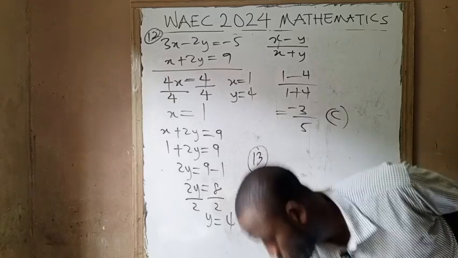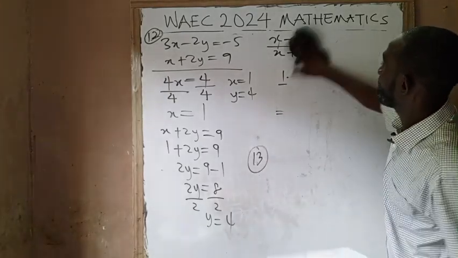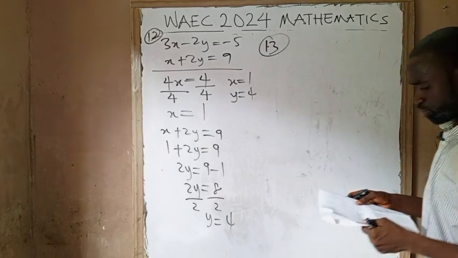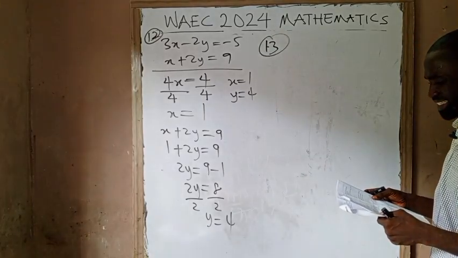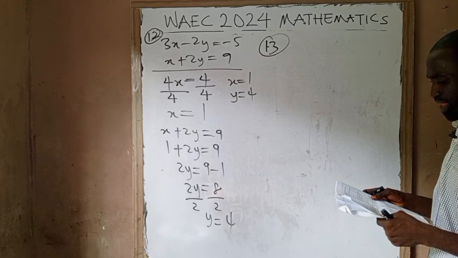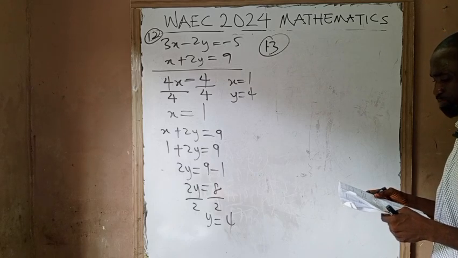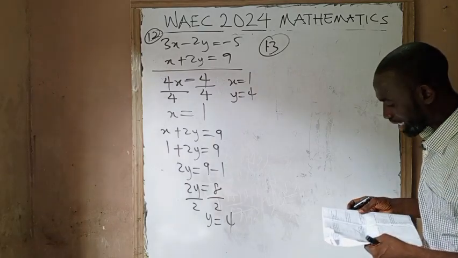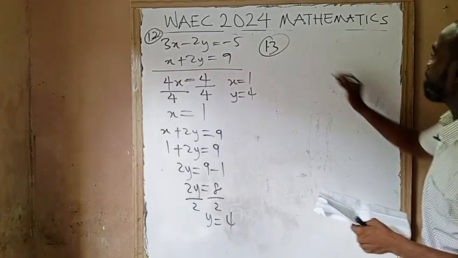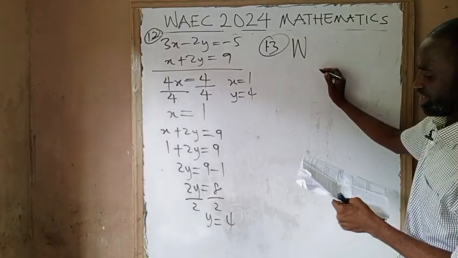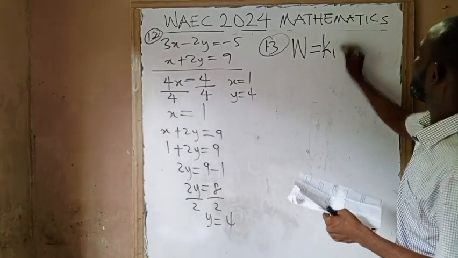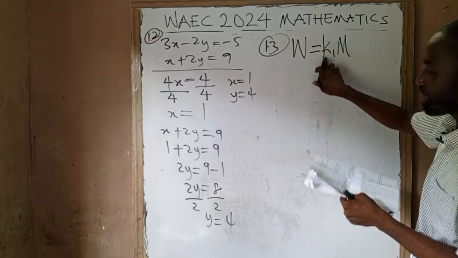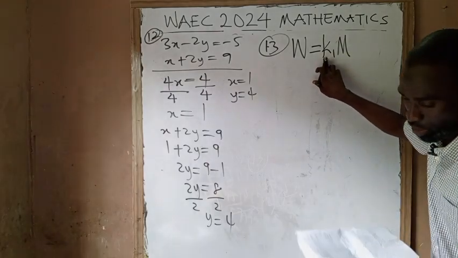If variable W, number 13: if variable W varies partly as M and partly inversely as P, which of the following correctly represents the relation, with K1 and K2 as constants. So we have variable W equals K1M, partly as M, with our constant K1.